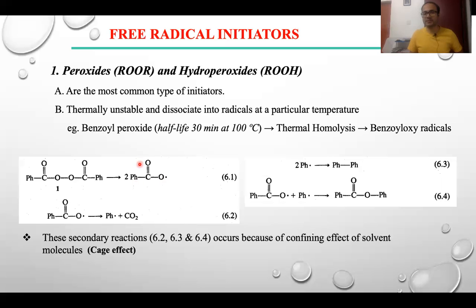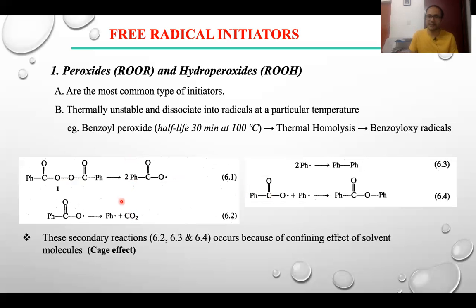This is called benzoyl because this part, PhCO, is called benzoyl. So this is how, by homolysis, this peroxide generates radicals. Now you might be thinking, what are these reactions mentioned here?